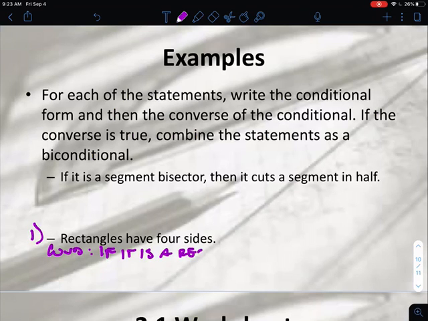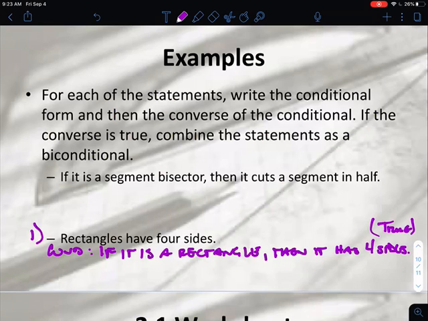So if it is a rectangle, then it has 4 sides. Now, if it's a rectangle, then it has 4 sides. That is a true statement. So the conditional must be true.